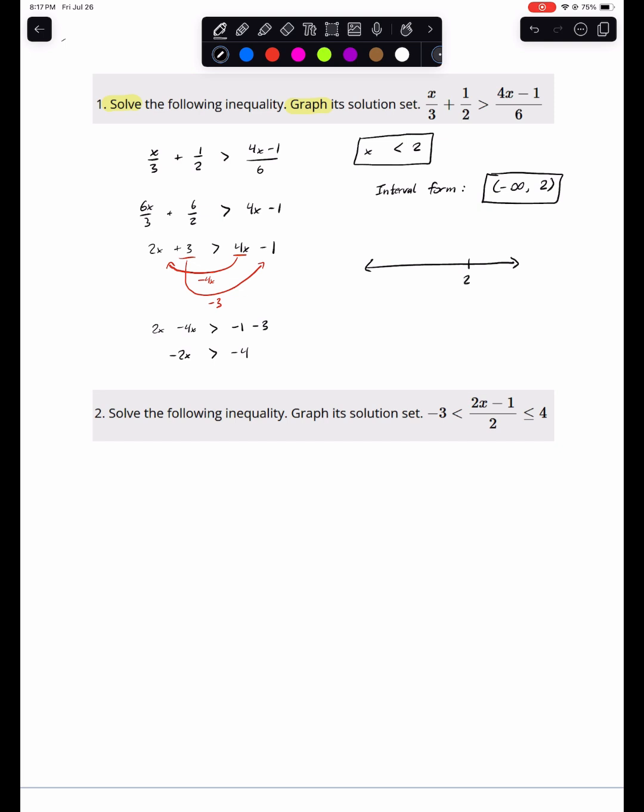We want an open circle at 2 to denote that it is excluded. The open circle equals excluded value. And since it's less than, we draw an arrow in the left direction.